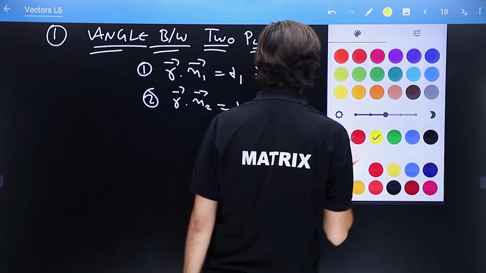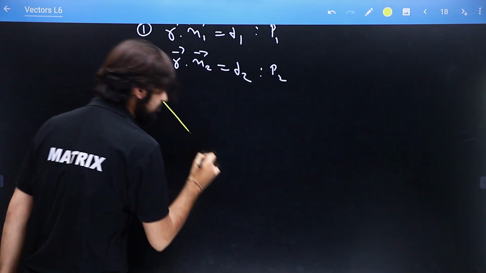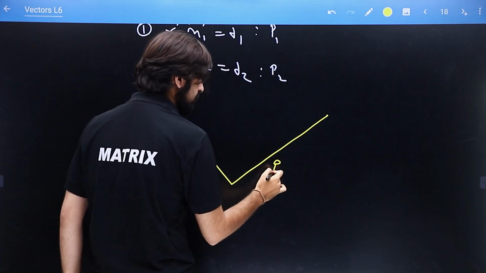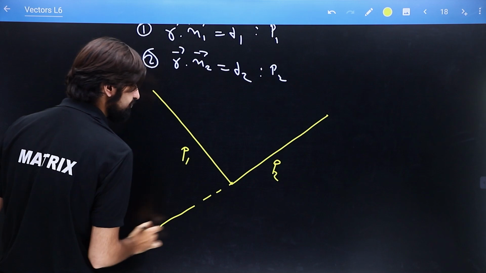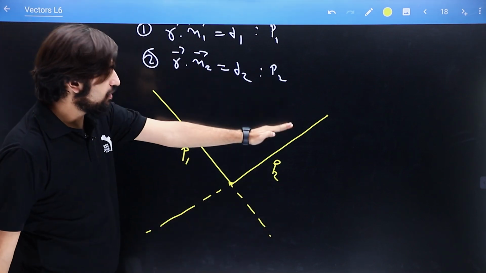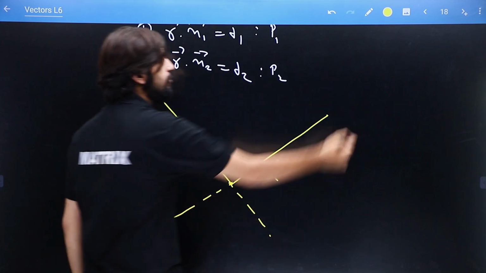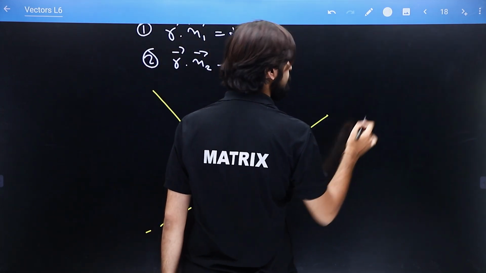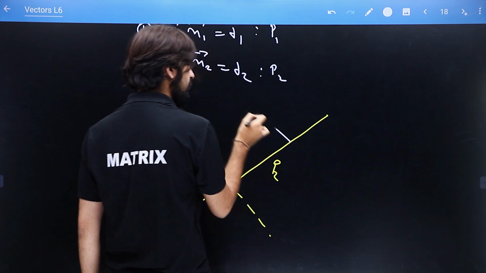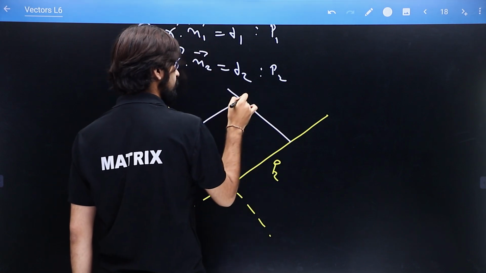Let me create those two planes, but again I will represent those planes by lines, because this plane is going infinite. These two planes are perpendicular to the screen. Now we have two normals. This is the normal of this plane and this is the normal of that plane.